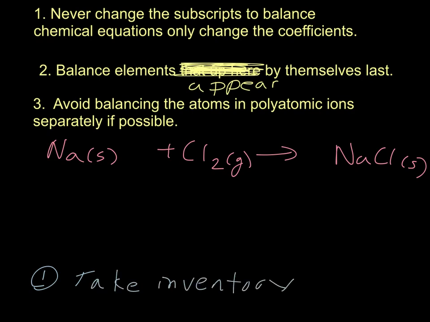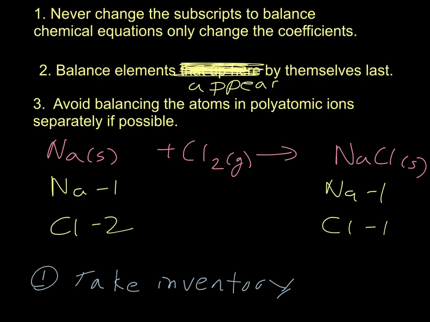And this is the step I see a lot of my face-to-face students not wanting to do. It's time-consuming, it's obvious. It's an accounting tool that will save you headaches in the long run. So, I take my inventory. I have 1 sodium atom over here. I have 2 chlorine atoms. On my other side of my arrow, I have one sodium atom and I have one chlorine atom.